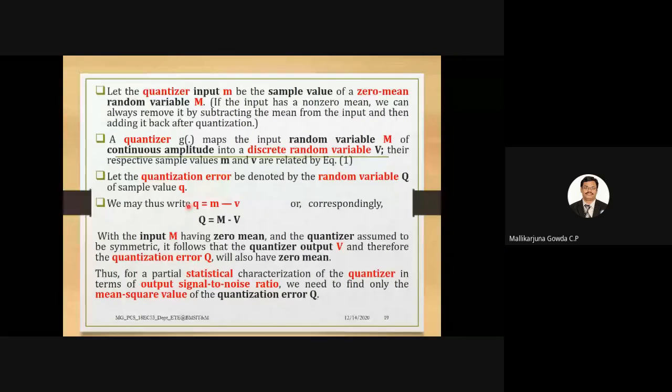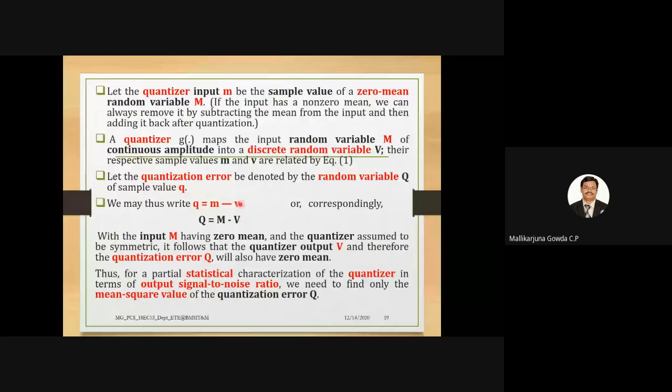Then small q is equal to m minus v, where m is the sample value of the input signal to the quantizer and v is the sample value of the output of the quantizer. In terms of random variables, capital Q is equal to capital M minus capital V.